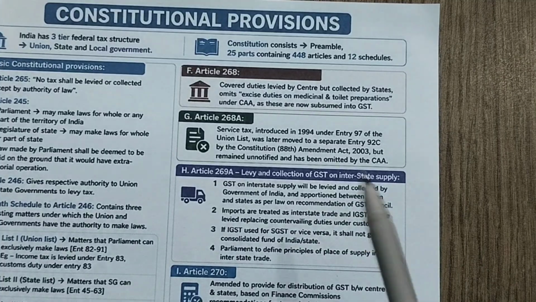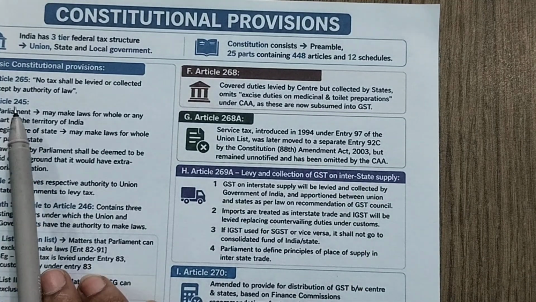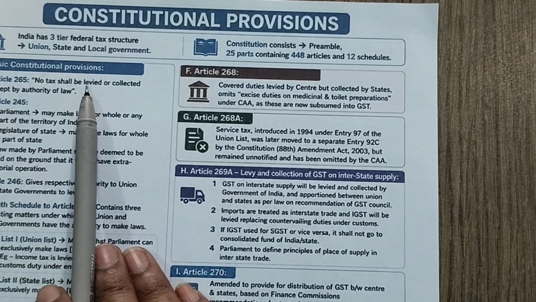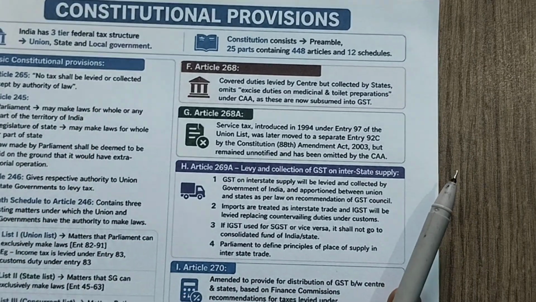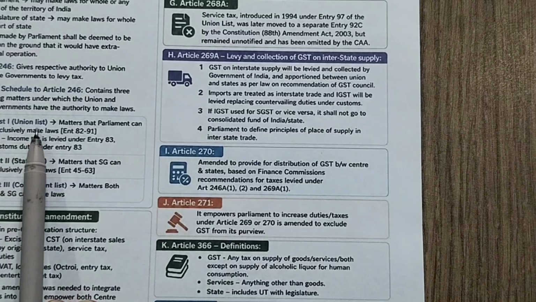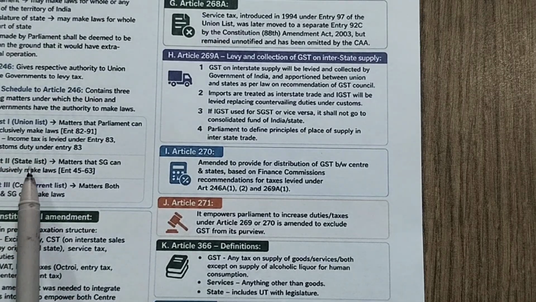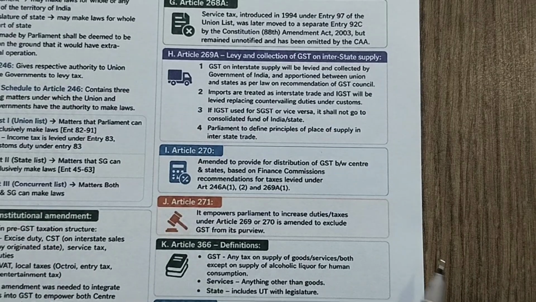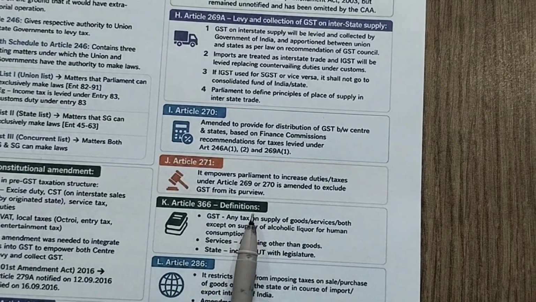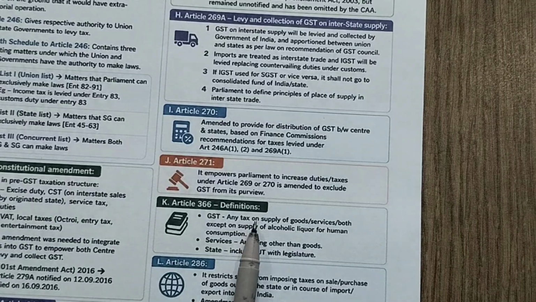Here, just go through the articles 265, 245, 246. Here, the main article. Here you can see List 1 Union list, List 2 State list, List 3 Concurrent list. Article 366, this is the definition given of the GST.